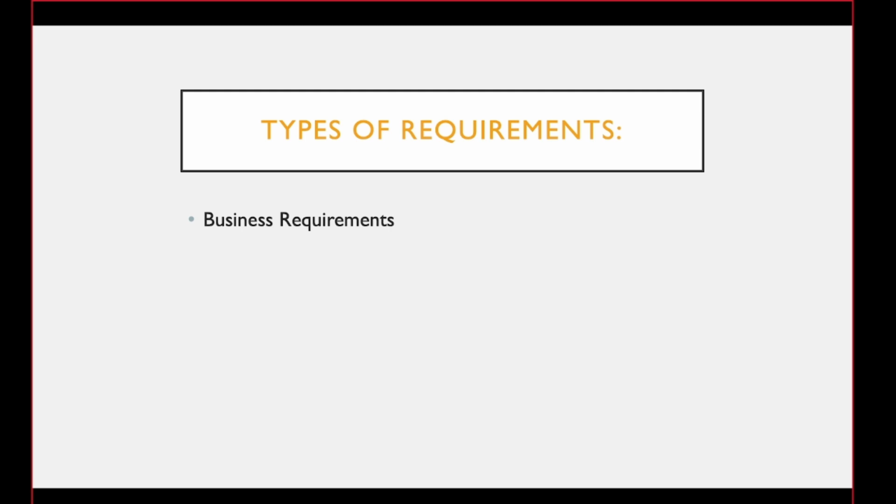Business requirements are written in layman's language, like, okay, I want the customer to log in to the application using the right credentials. So this is a business requirement. Or else, I want to access my mini statement from the online application.